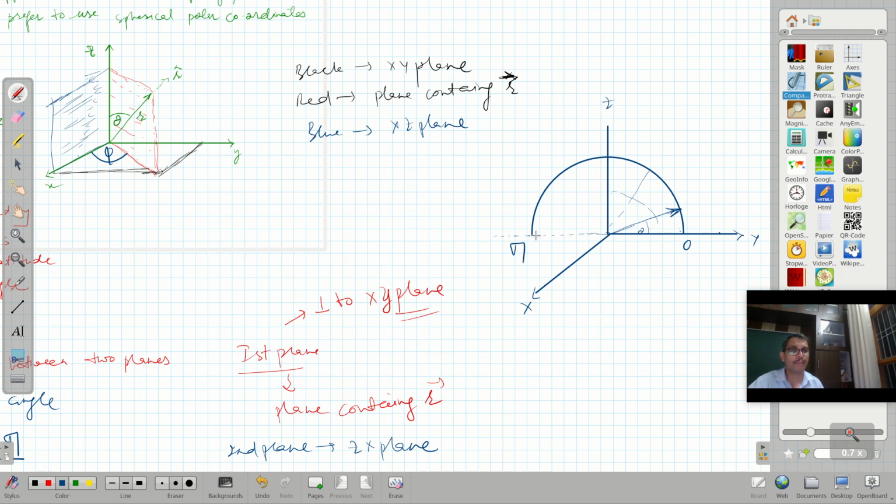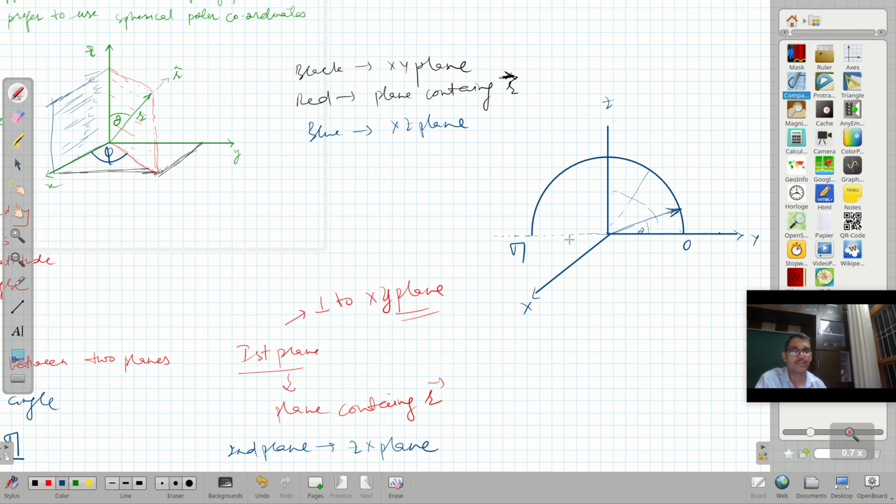So what will happen, basically this forms a plane, and when this particular plane is rotated like this up to 360 degrees, we will get a sphere, right?